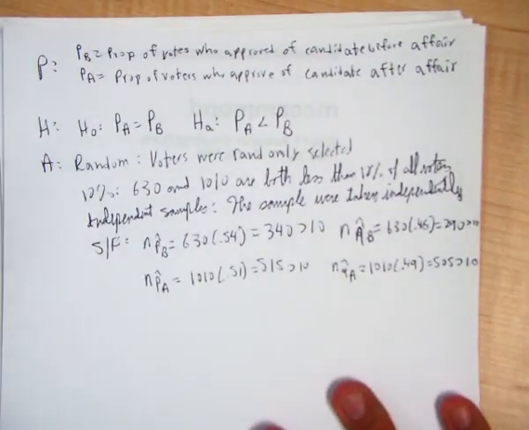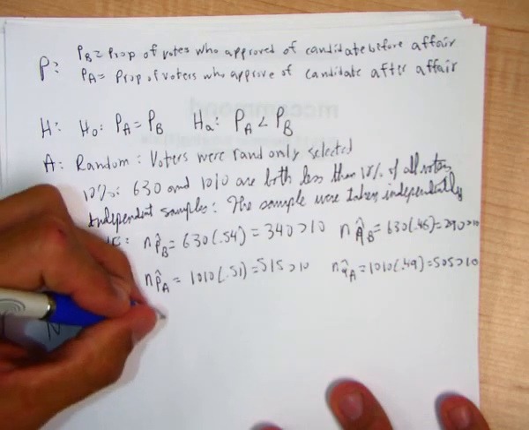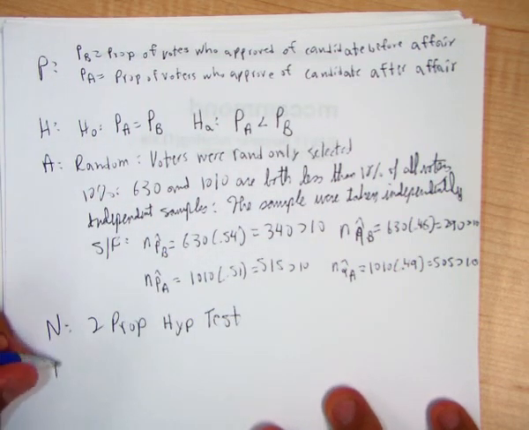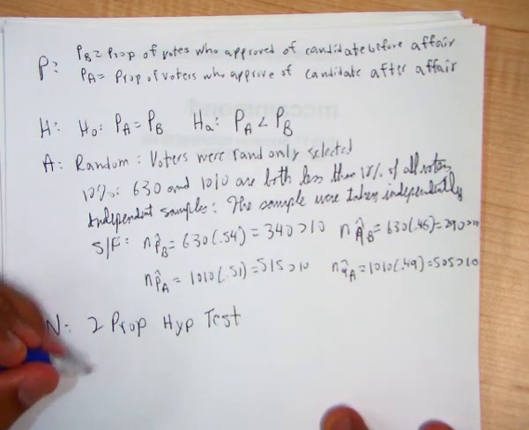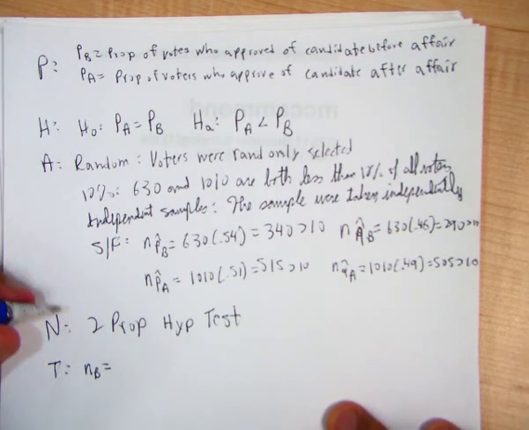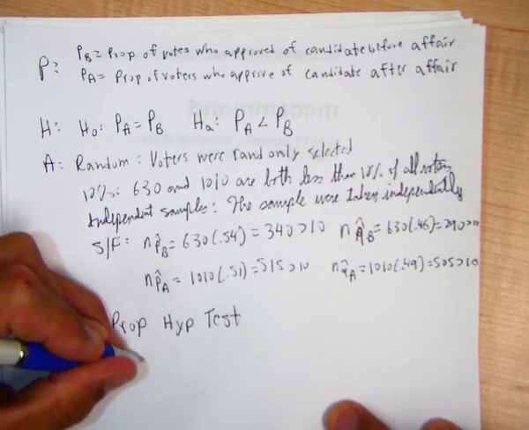Let's shrink that down a little bit. Name the test: it's a two proportion hypothesis test. Okay, our test statistics. The number of before voters was 630.